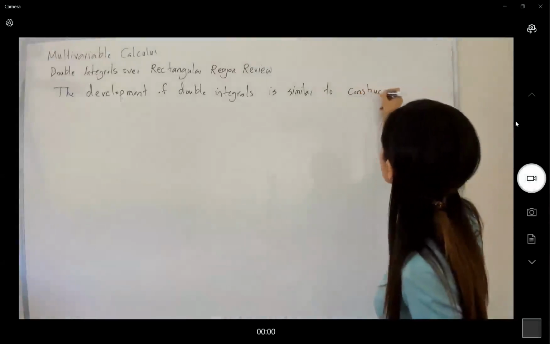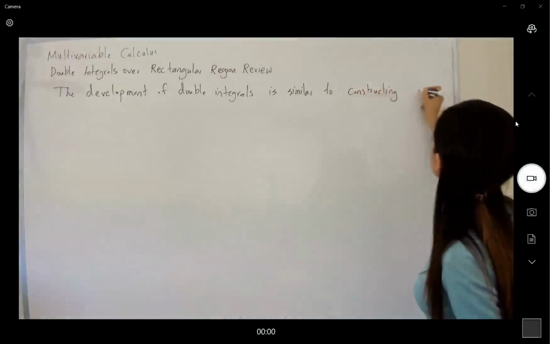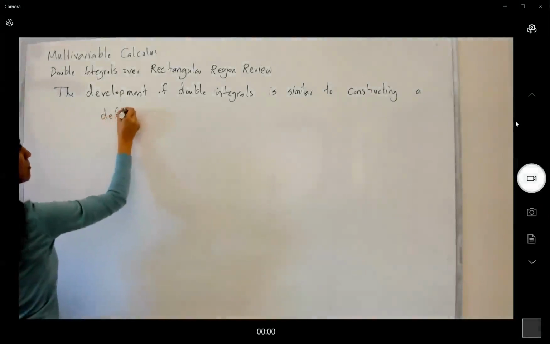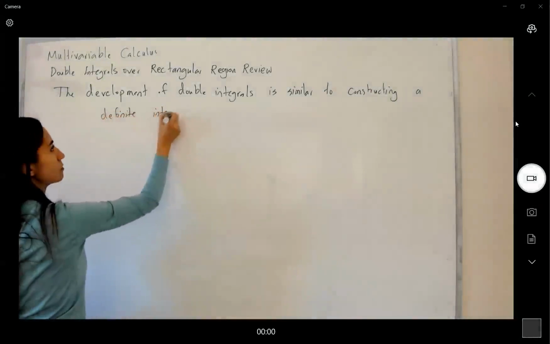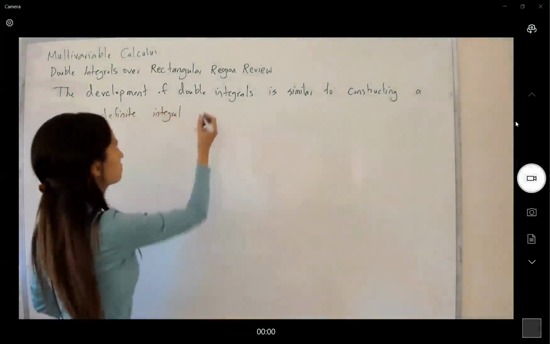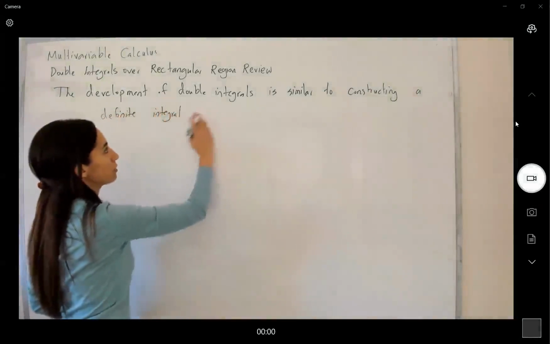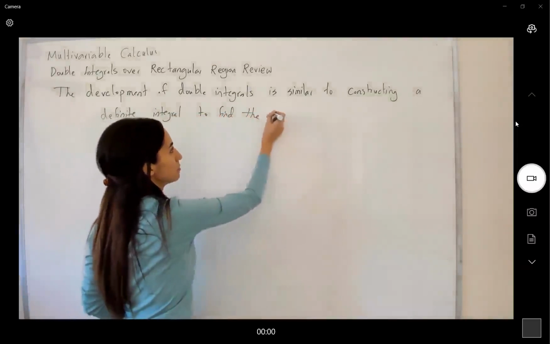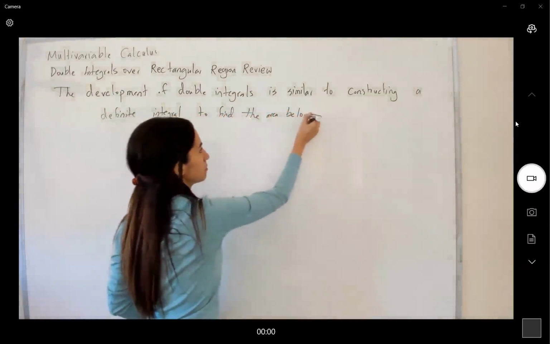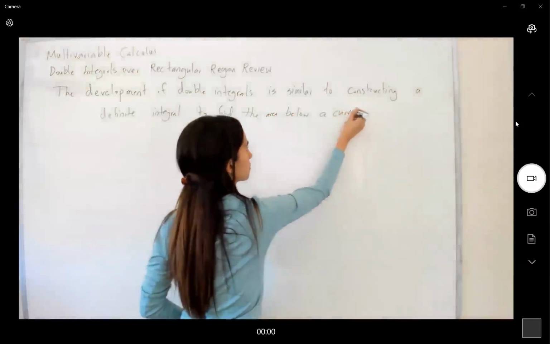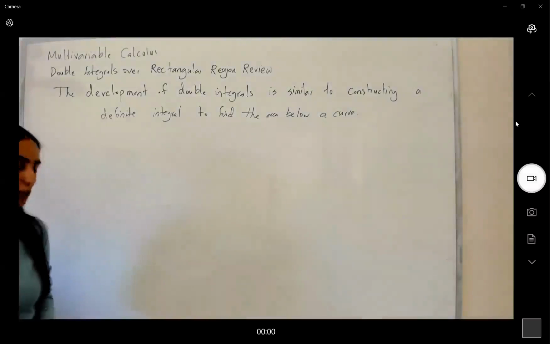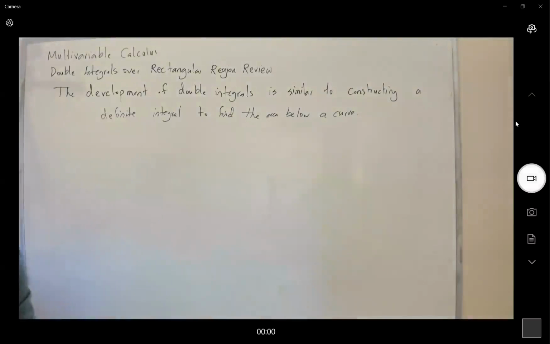To construct a definite integral to find the area below a curve, we use Riemann's sum and we generate the exact same idea. Anyway, let's take a look at this short video.